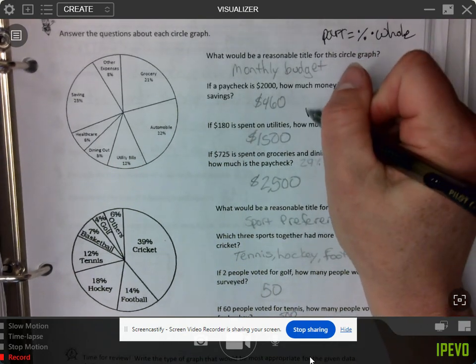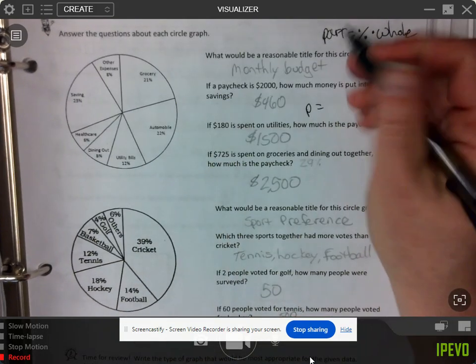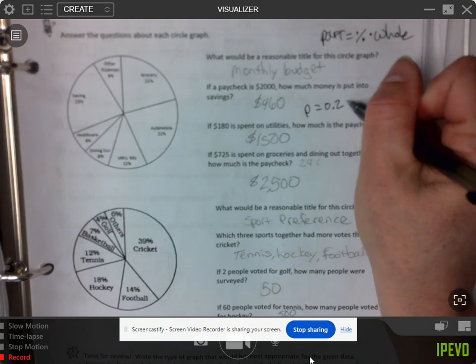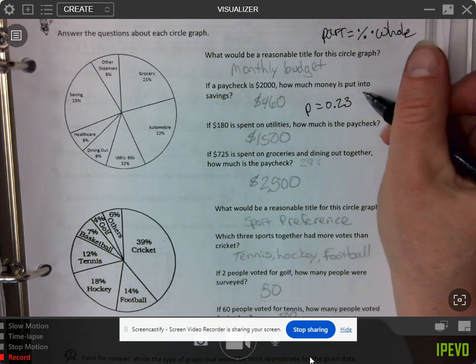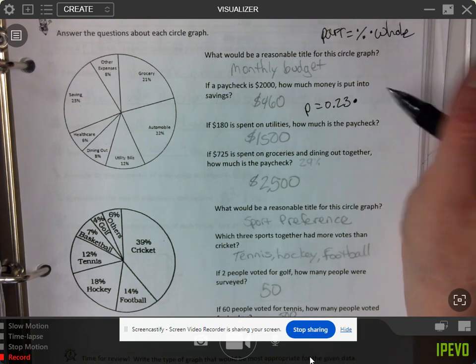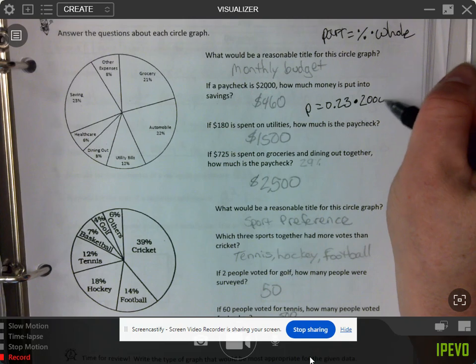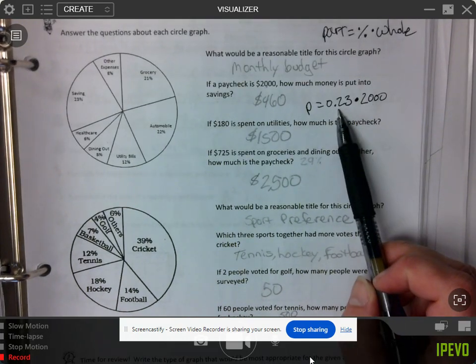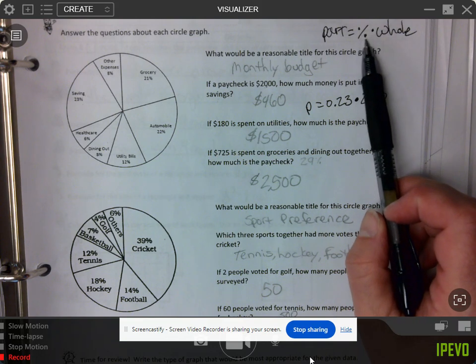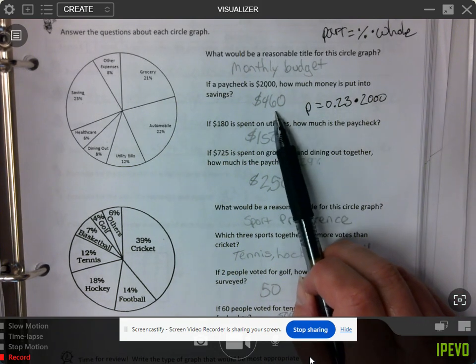So that is our part. And if I look at savings, I see it's 23%. So that's how Mel got that 0.23. And then we want to multiply that by our whole. Our paycheck is $2,000. So that's why Mel did $2,000 by 0.23, because we're using that equation. That's how she found out that the part was 460.